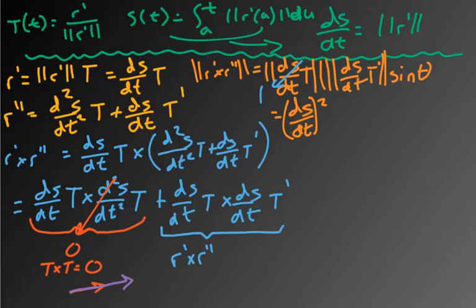And so that part disappears. You still have the magnitude of t prime. So I'm going to write that. And then this part is also kind of weird. This sine theta is actually also a 1.